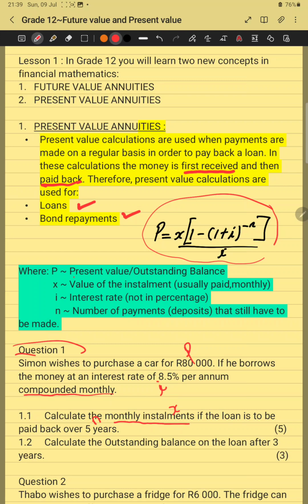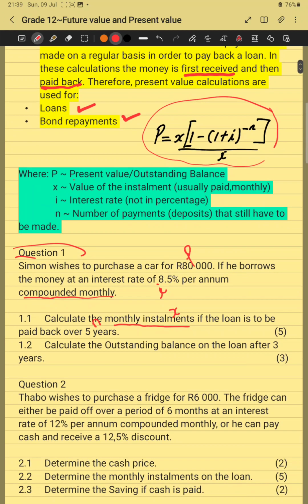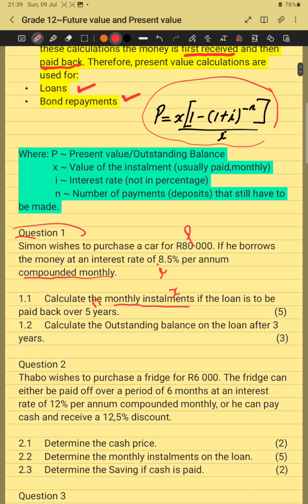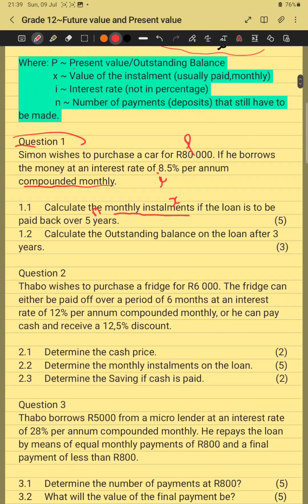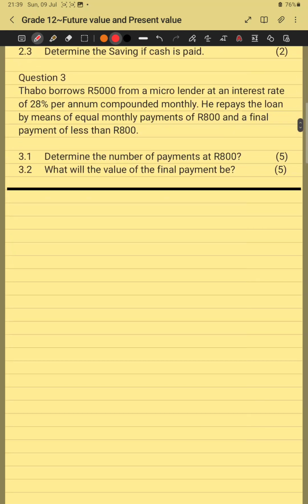So now we want to calculate the monthly installment, and we do have the value of P, we do have I, and we have the number of years, which is 5 years. So let's just try to attempt the first question. We're going to use the present value formula.